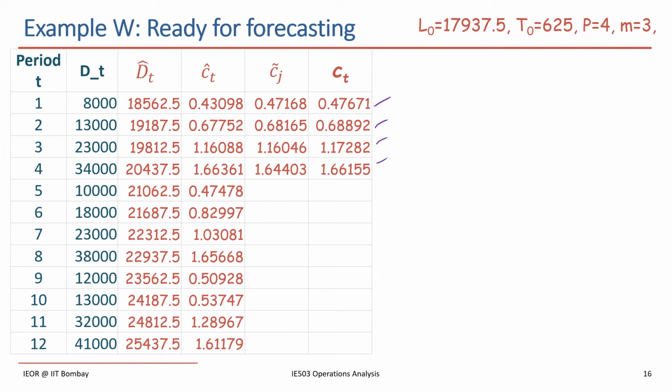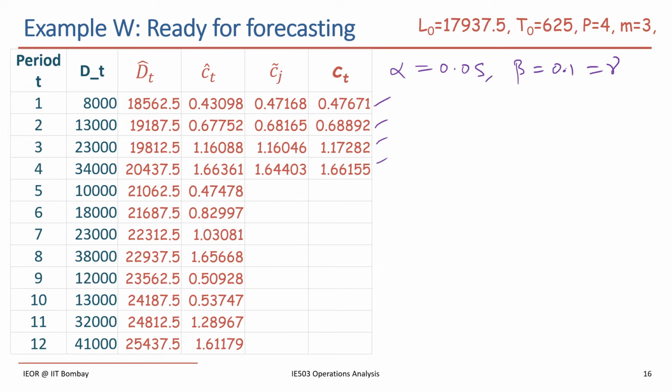I have L0, T0, P and M. I already know my alpha. Alpha is given as 0.05 and beta is given as 0.1, which is also the value of gamma. So now let us go time by time.